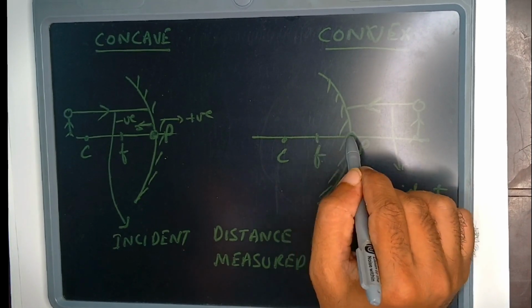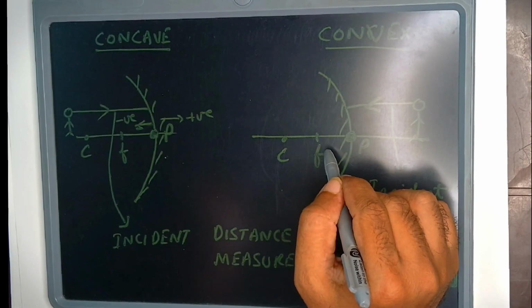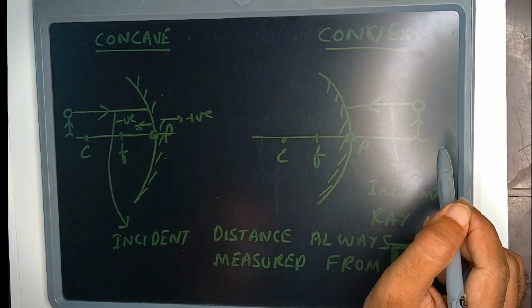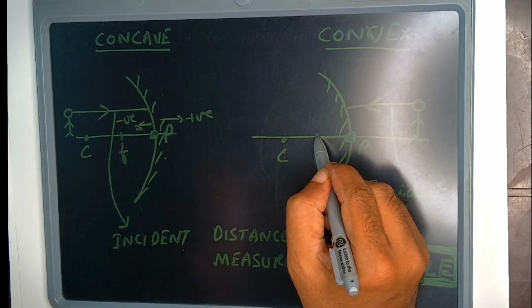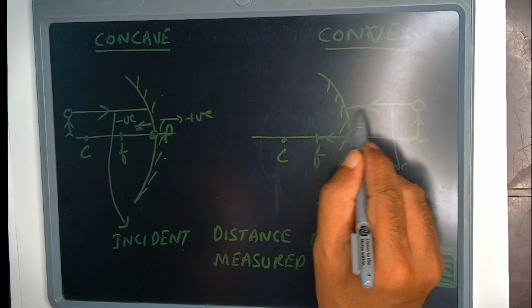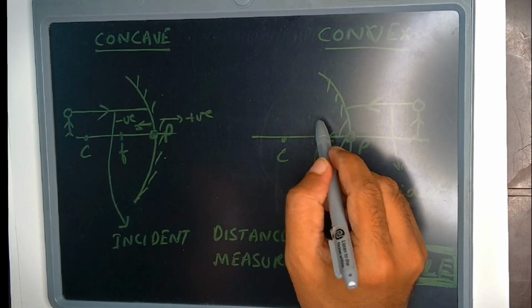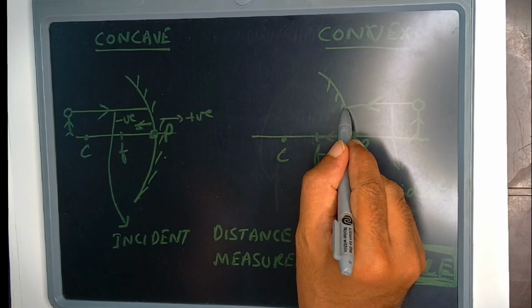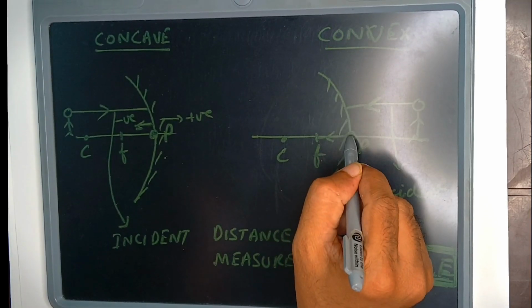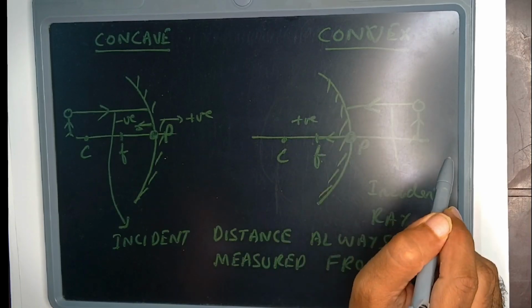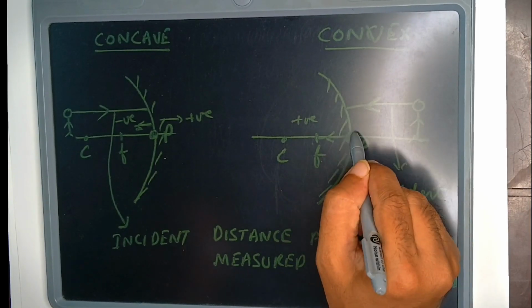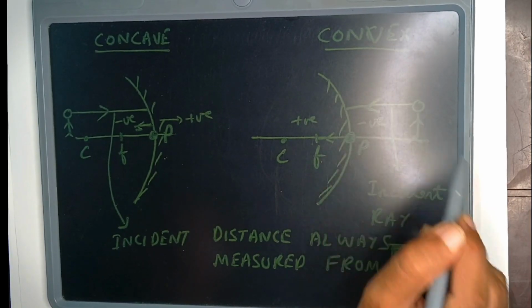So the focal length of a convex mirror should be positive or negative? I traverse along the incident ray, so the focus would be this side. All the dimensions to the left of the pole will be positive, and to the right of the pole will be negative.